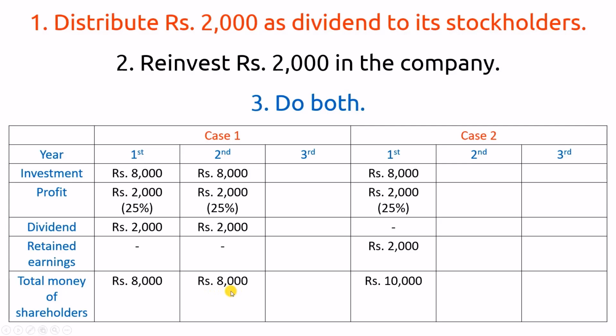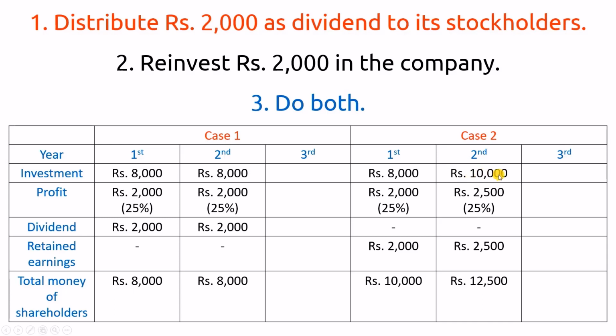Okay, it is the same. In the second year, 10,000 rupees is the investment, correct? This is the investment because it is reinvested into the company to produce more goods, correct?